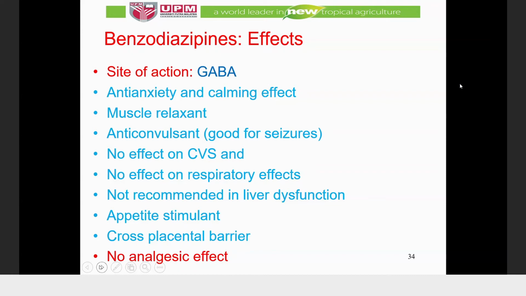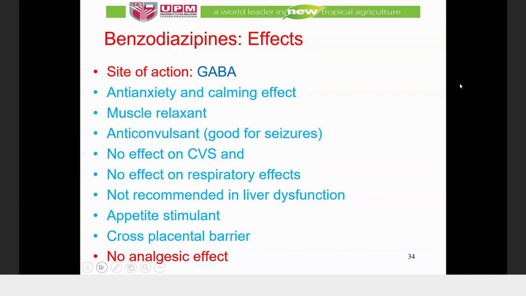It is anticonvulsant. And the good thing is that this has no effect on the cardiovascular system, which is very important, because during anesthesia our goal is to maintain the cardiac output, right? Also this drug has no effect on respiration, and we also have to maintain the breathing for gaseous exchange.